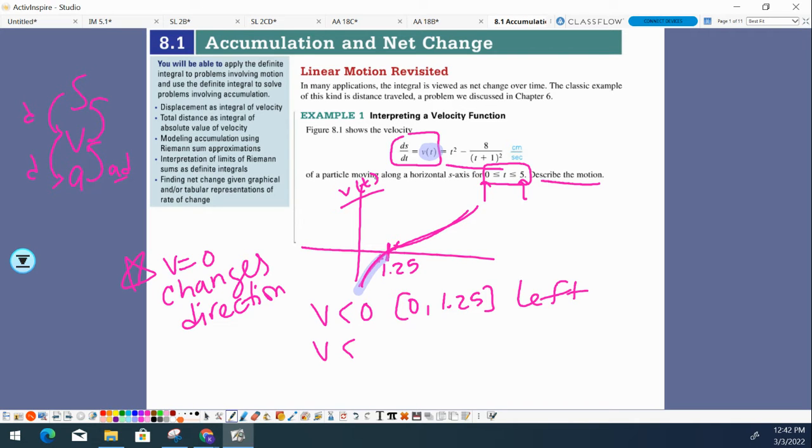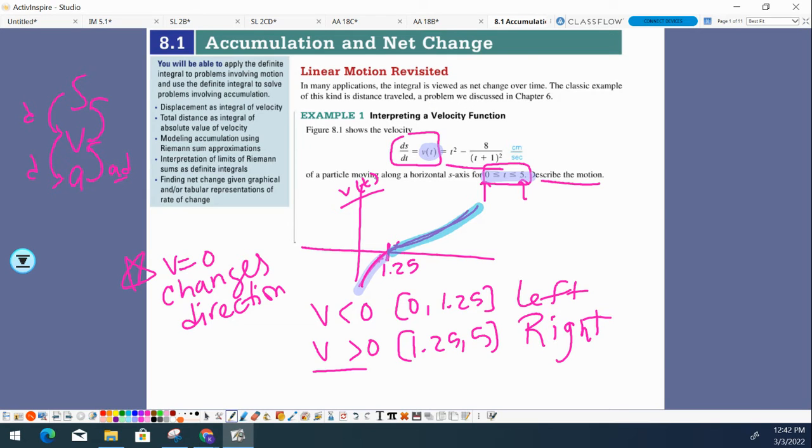And then velocity is greater than 0 from 1.25 to 5, keeping in mind we always want to stick to the time that they give us. Because the velocity is positive here, it's moving to the right.